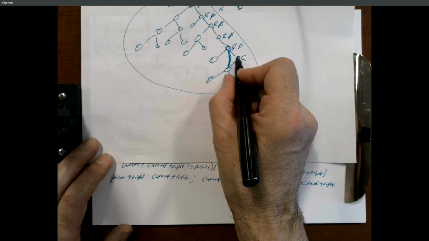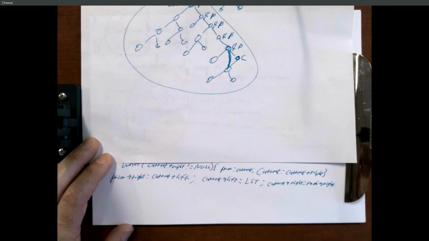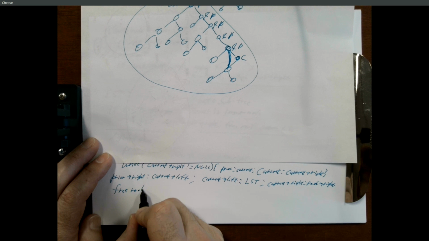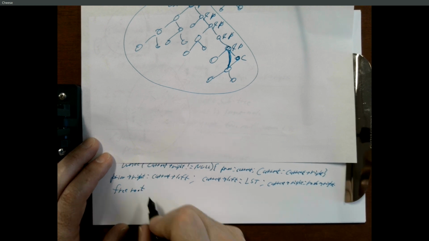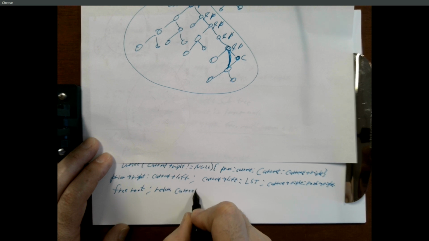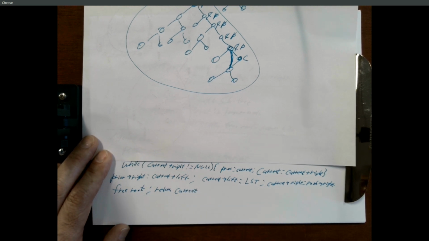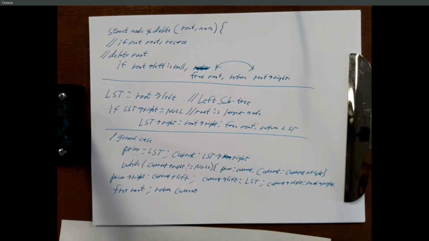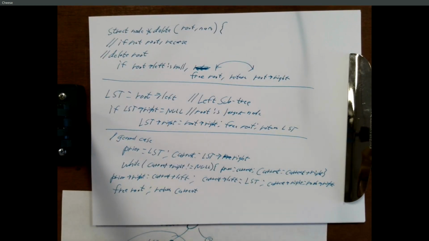So now this node is pointing to that on the left, that on the right. And then we can free the root because we've already used the information we needed from that. And then we return current as the new root. So that's a tree deletion algorithm.